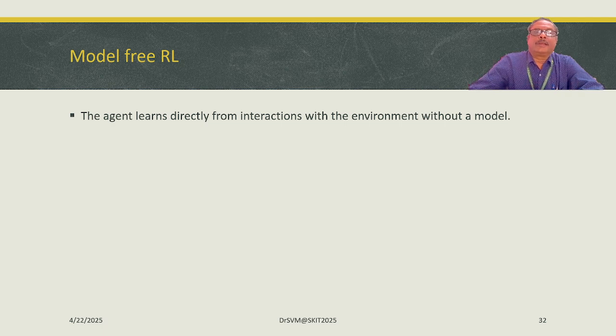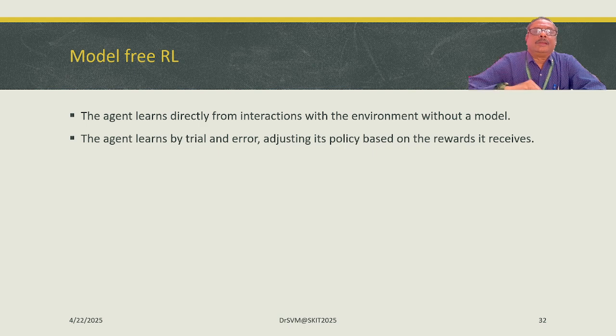Because of that action, there will be some reward or punishment, and it just puts that in its knowledge bank and continues. So here, the agent is learning through trial and error, and it creates a policy, and it keeps fine tuning the policy based on the rewards it is receiving.